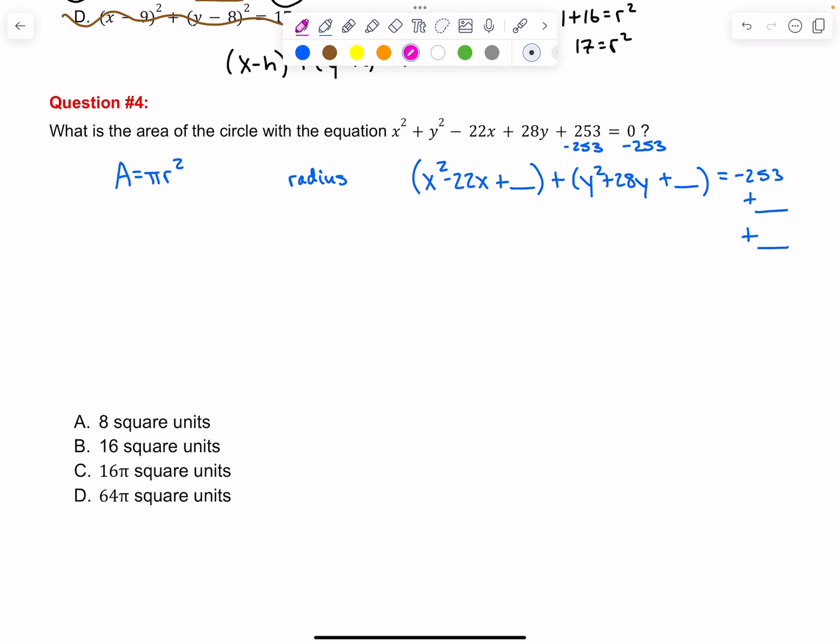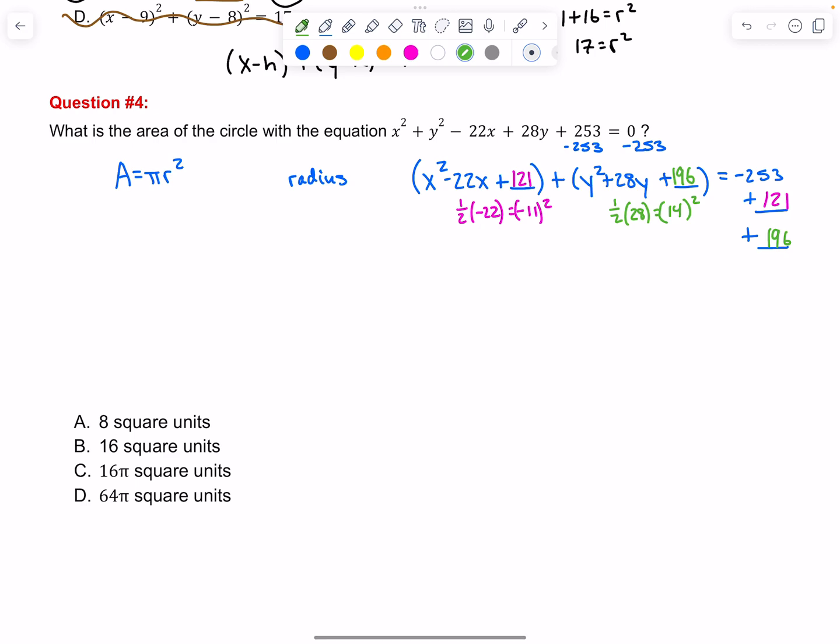So half of negative 22 is negative 11. But when you square any number, you get a positive number. So that'll be 121 when we square negative 11. And then half of 28 is 14, and 14 squared is 196.